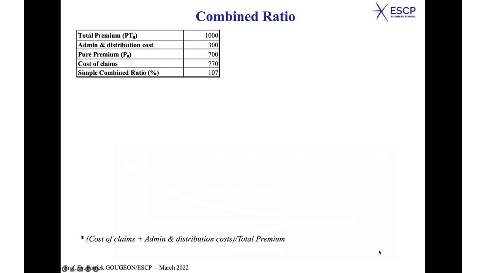So a combined ratio over 100% means that you have an underwriting result which is negative. We've seen that before. So the overall cost exceeds revenue by 7%.